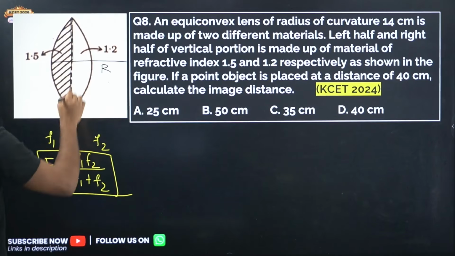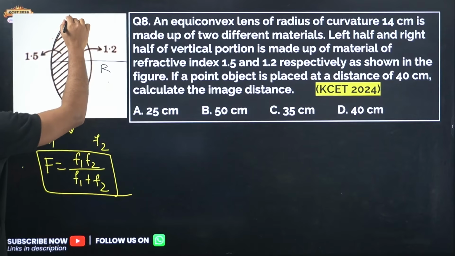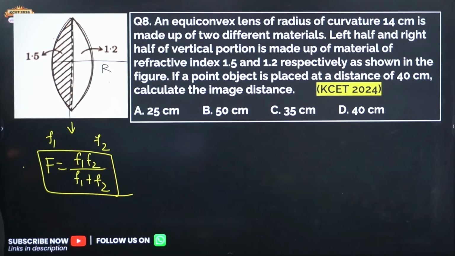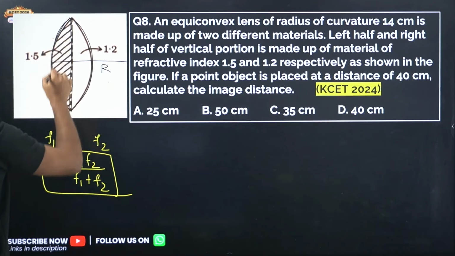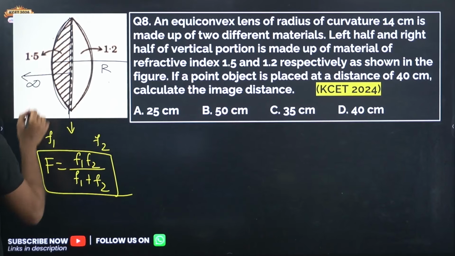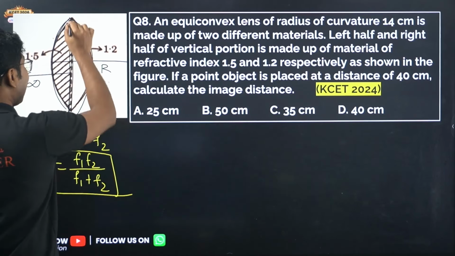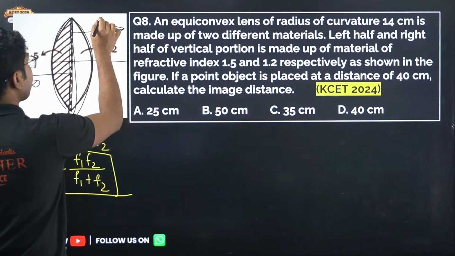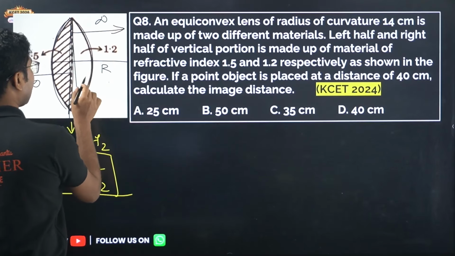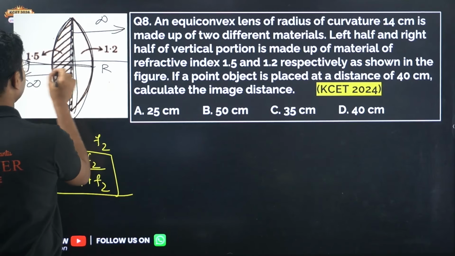So basically you can consider this consists of two lenses. One is this one, another one is this one. So when you are calculating the focal length of this lens, we will take the other side to be infinity, right? So that's why this is infinity. In the second case, the first radius of curvature will be infinity and the second one will be minus r.